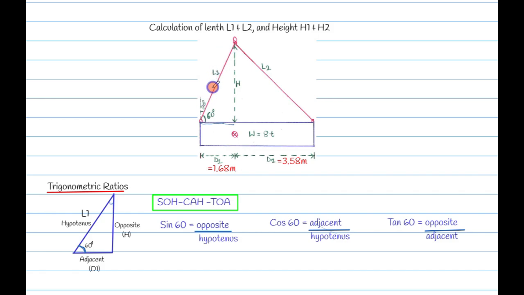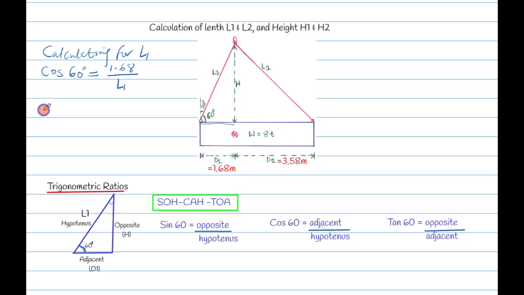So our L1 is the hypotenuse. So what will work here will be cosine 60, which will be adjacent divided by the hypotenuse. So calculating for L1, cosine 60 degrees will be equal to the adjacent, which is 1.68, divided by the hypotenuse, which is L1.